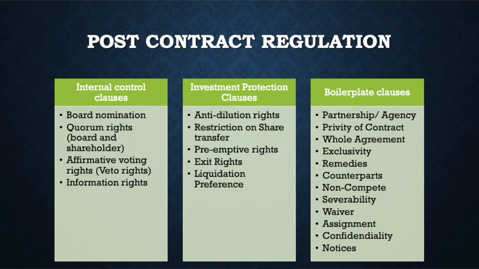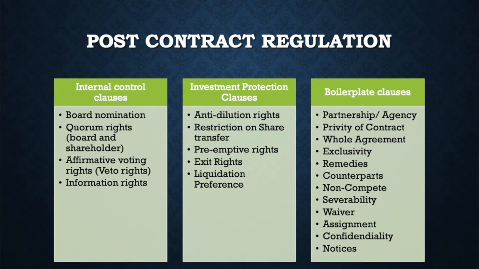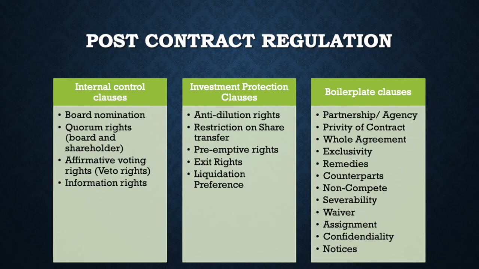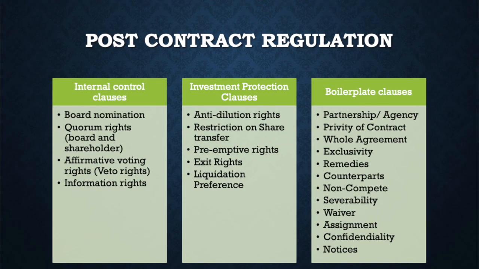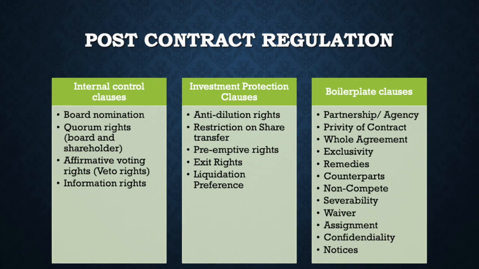Finally, if the company were to go into some kind of liquidity event or some kind of a problem, or maybe even the closure of a project, how will we distribute the remaining value in the company? If the company is to go into liquidation, on what basis will the company distribute its remaining assets? All of these clauses come under investment protection. Finally, we have boilerplate clauses.